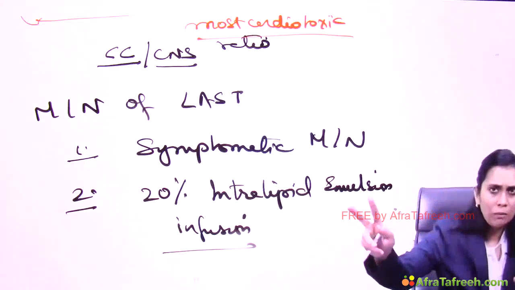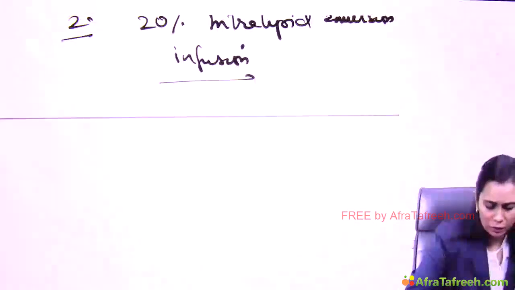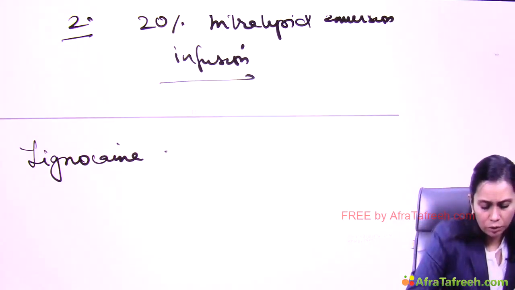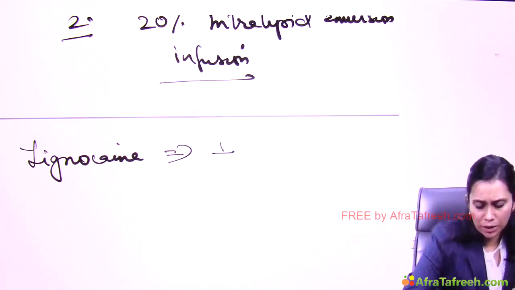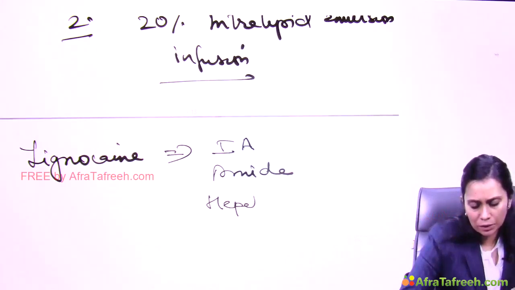But let us come to individual drugs. The first amide LA which I want to discuss with you is lignocaine. Now, what are the points which you know about lignocaine? It is intermediate acting. It is an amide LA, right? Then we know it is metabolized by the liver, hepatic metabolism.